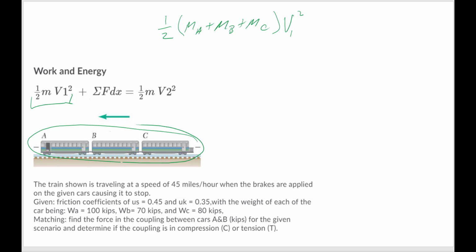And for the force, you're looking at the force on the entire system together. So whether you have brakes on one or brakes on another, you would add together all of those brake forces. So add together brake force on A and brake force on B.